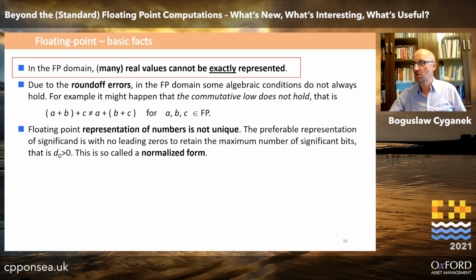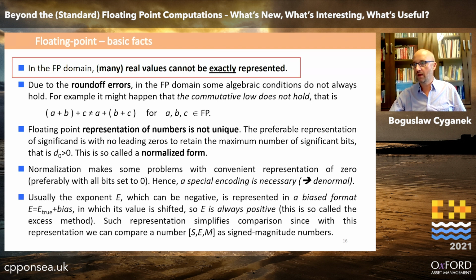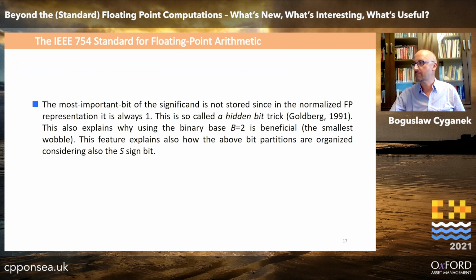For this reason, we have this normalized form, but as I mentioned, we have a problem near 0. So we need this special case of so-called denormals, or subnormals. And we have this bias of exponent, which doesn't help, but the bias is to avoid negative values encoded for the exponent.